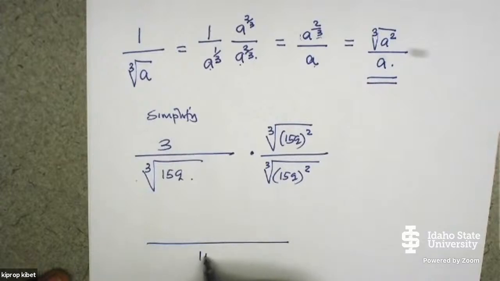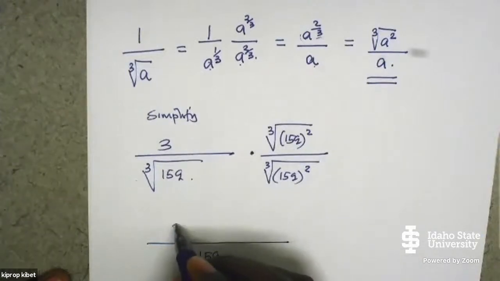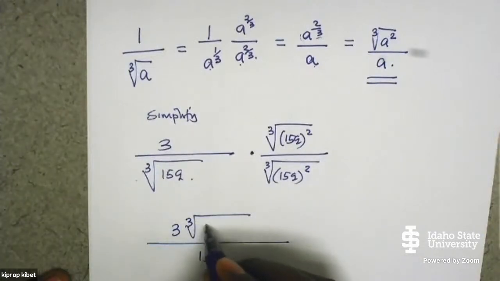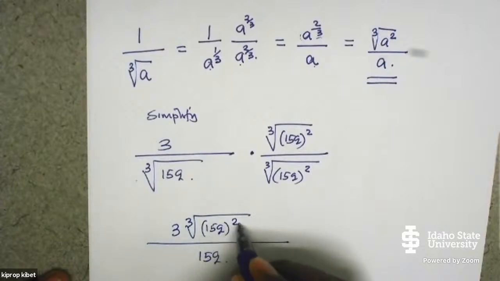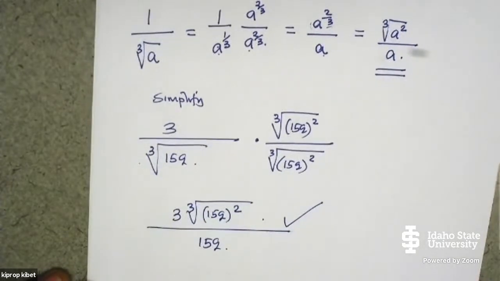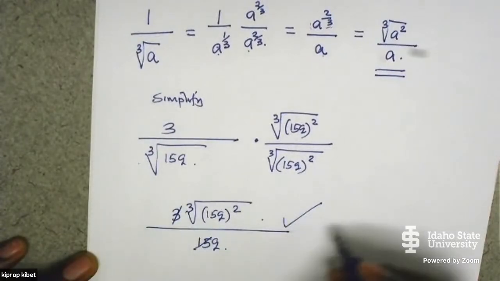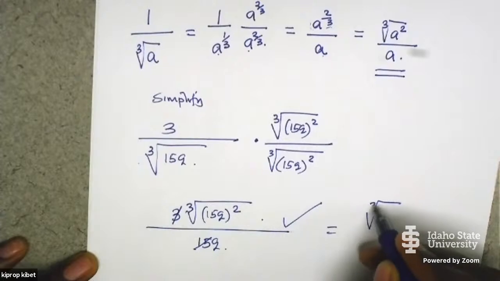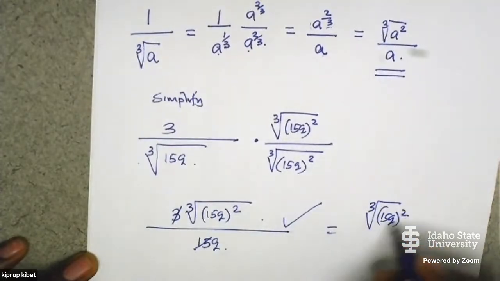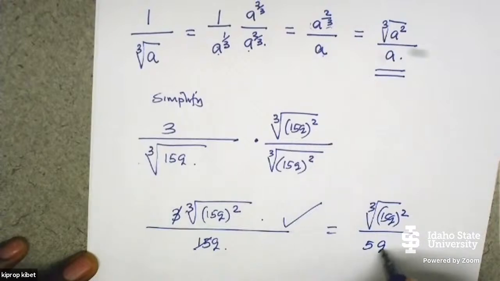The denominator will be the cube root of 15 cubed. Then you can cancel, and our answer will be 3 times the cube root of 15 squared all over 15.